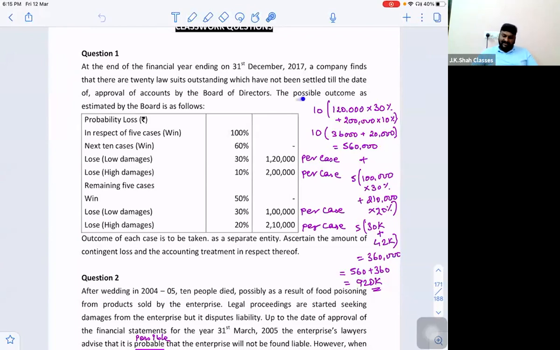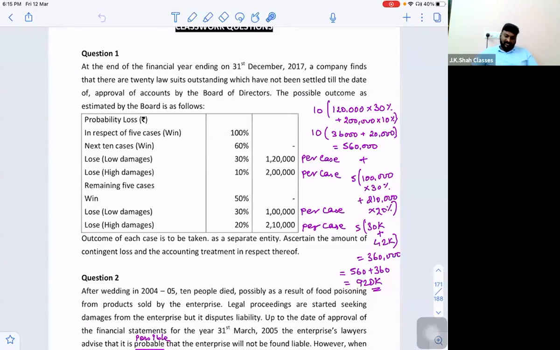The board has estimated the possible outcomes. So let us understand the possible outcomes and decide whether the contingent liability is in a remote, reasonably possible, or probable situation.